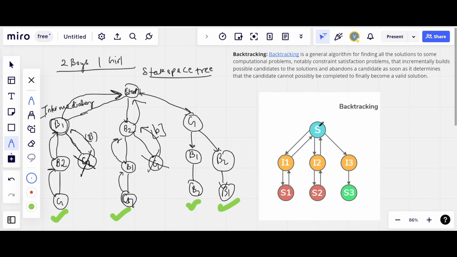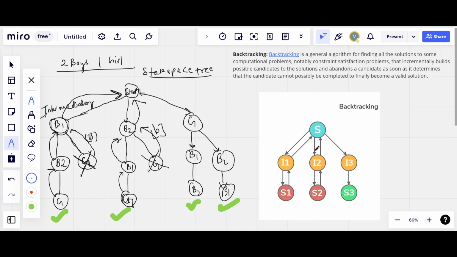We start with a start node, we reach an intermediary level, and then we go to a solution S1. If S1 is not a feasible solution, not a valid solution, we backtrack to intermediary level I1, and from I1 to the start.